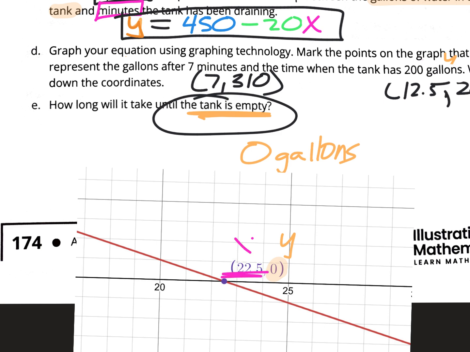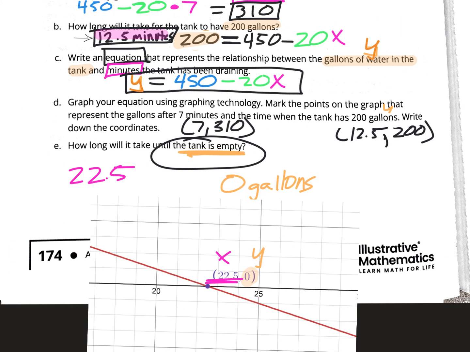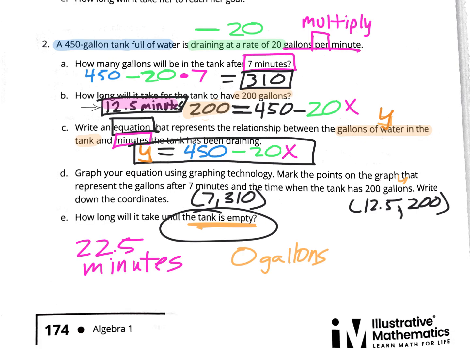So that means the x value that goes along with it is 22.5. And because it's in minutes, that means it's going to be 22.5 minutes.